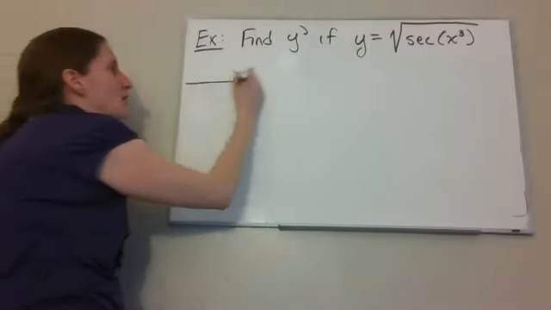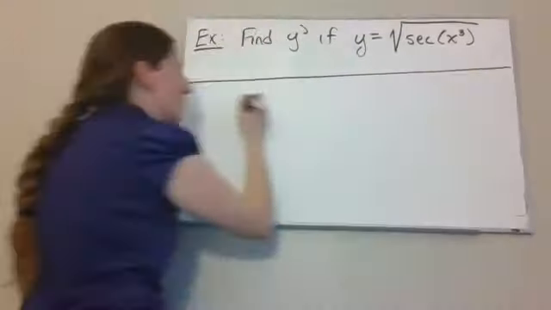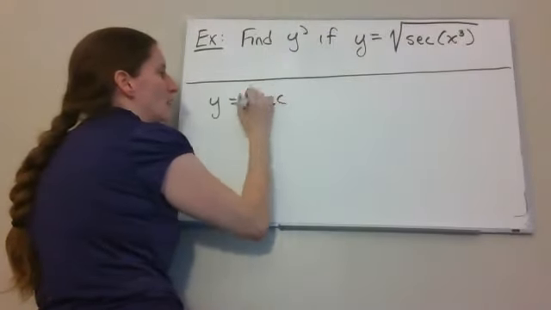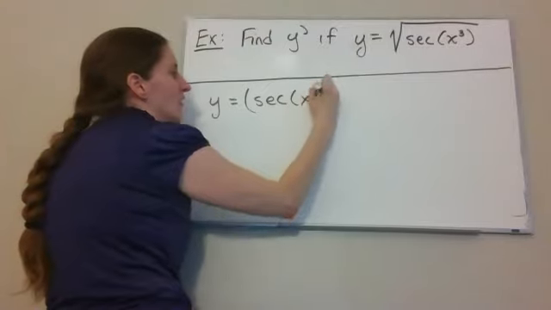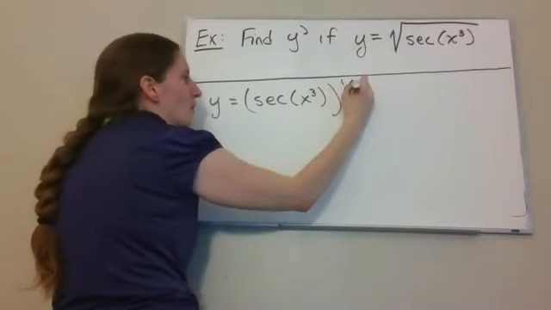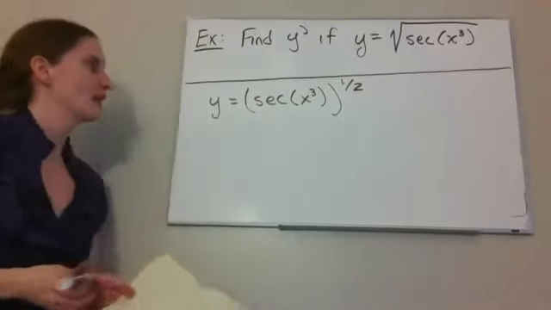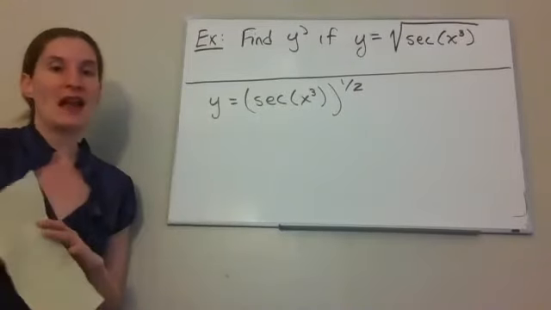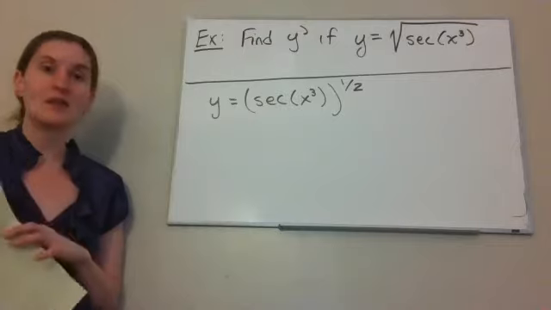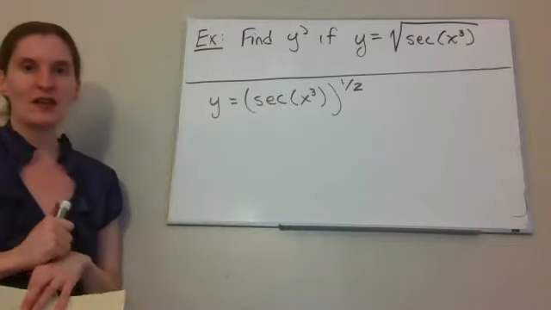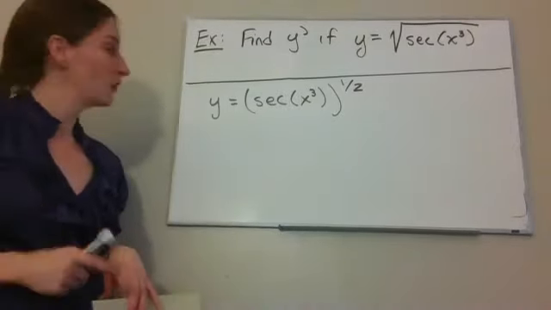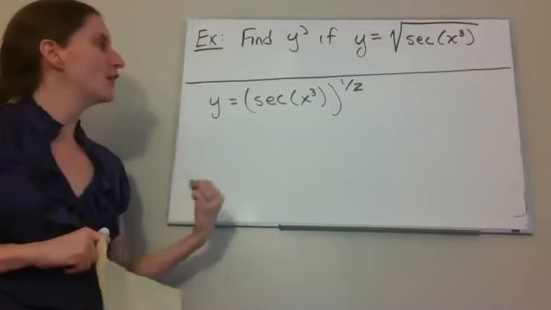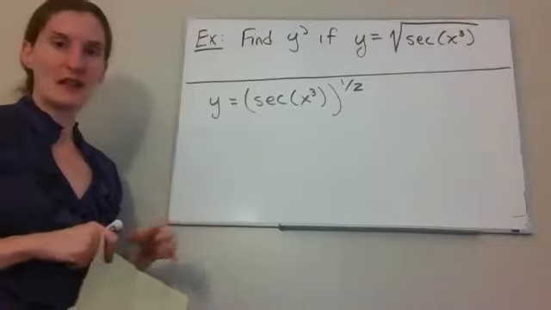So I'm going to do the very first step that I always do, which is rewrite a square root as a fractional power, a 1/2 power. So this is another nested chain rule. The very outside function is something to the 1/2. The next outsidemost function is secant of something. And then the very, very inside function is x to the third.